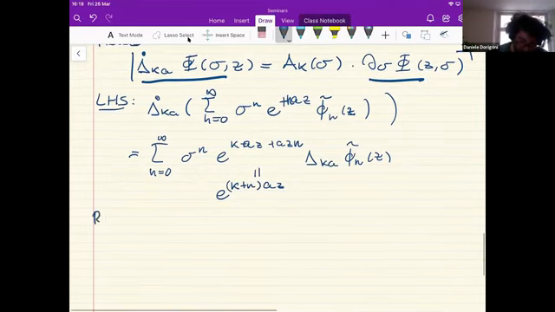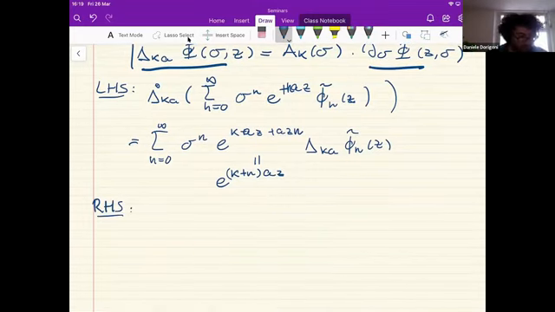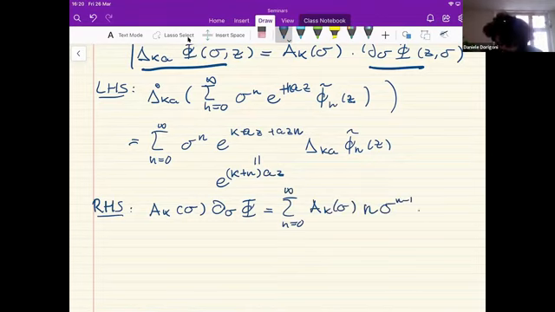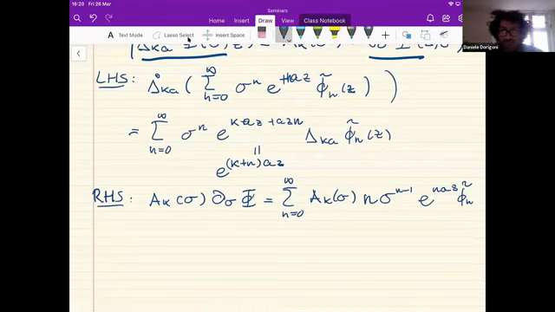Right-hand side, well, it's very similar. We just need to take a bunch of derivatives. And sigma to the n minus 1, e to the n, a, z, phi to the of n. And at this point, we want to match both sides. So this must be equal to that.